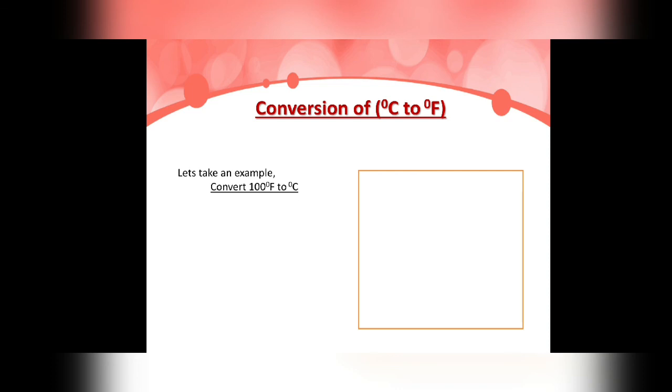Let's take an example. Let's convert 100 degree Fahrenheit to degree Celsius. Now we know the formula that 9C is equal to 5F minus 160. So when we substitute the values, what will we get? 9C is equal to 5 multiplied by 100, because 100 degree Fahrenheit is given that we have to convert.